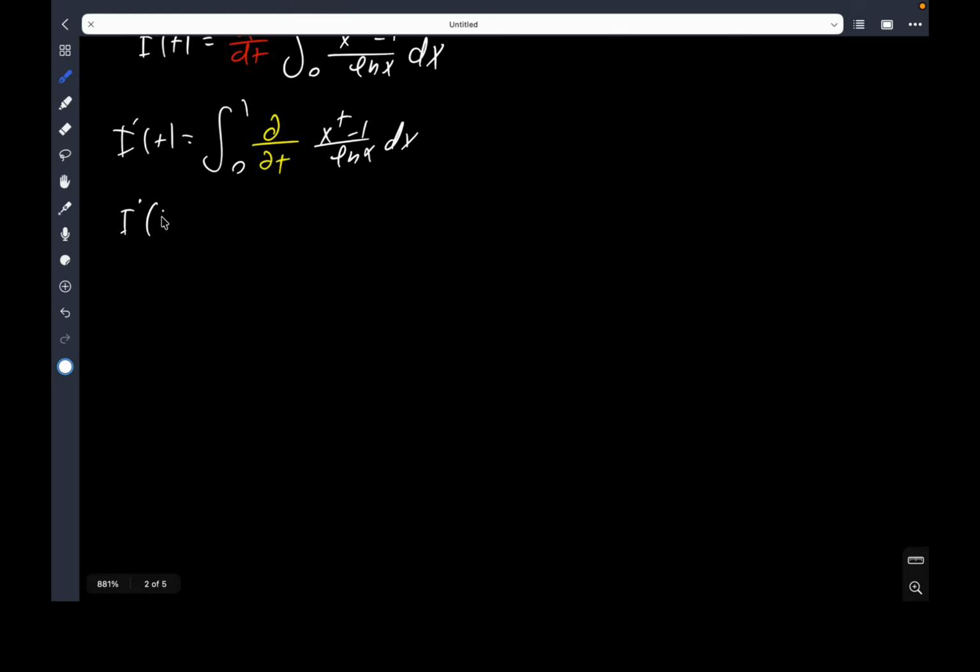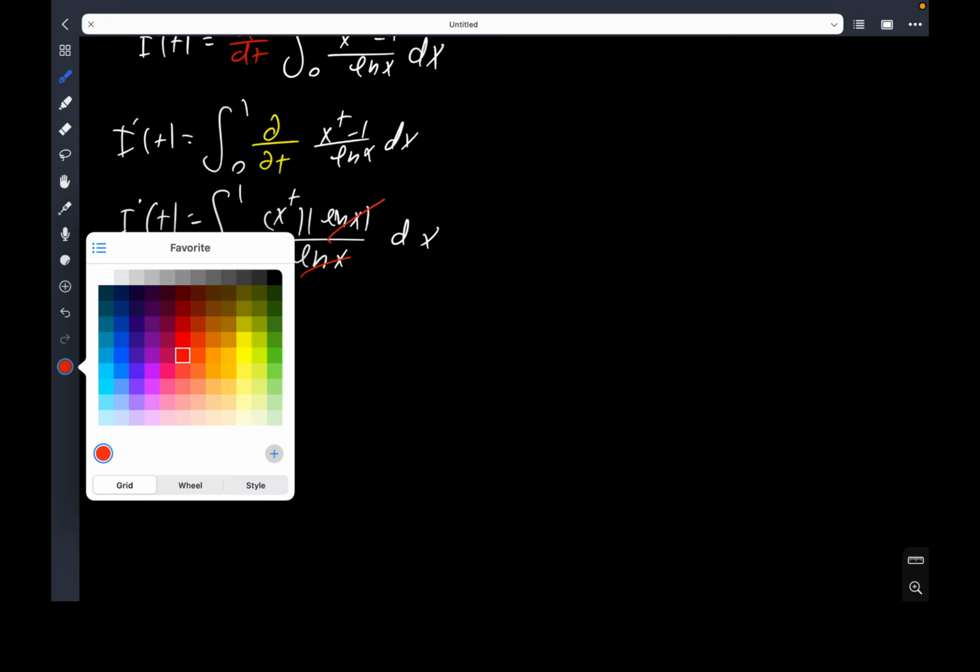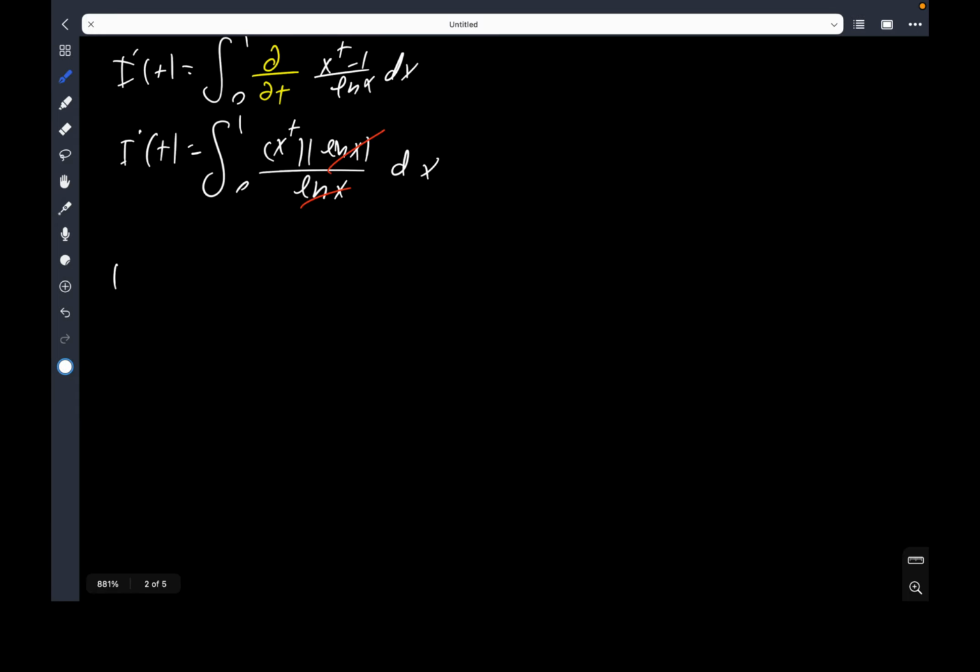And thus my I prime of t is going to be the integral from 0 to 1 of x to the t times ln x over ln x, because this term is constant, because we're taking a partial derivative, and thus I can suppress these two together, the ln x's. My I prime of t would be the integral from 0 to 1 of x to the t dx.